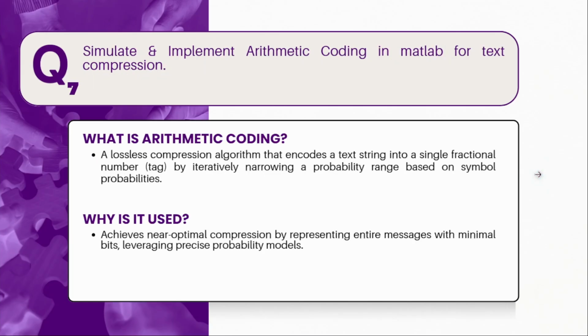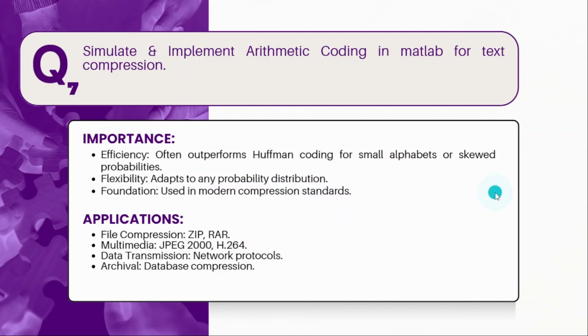Next we have arithmetic coding. Arithmetic coding is a type of lossless compression algorithm that encodes a text string into a single fractional number. Through this we generate a tag or encoded bit string which can be used for communication purposes.